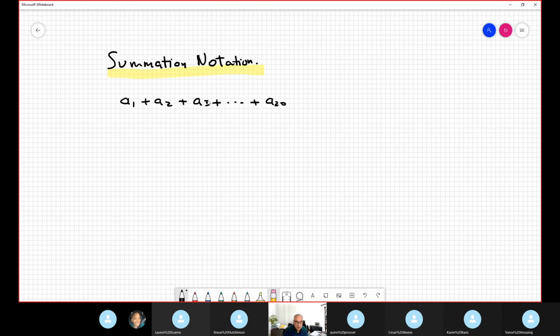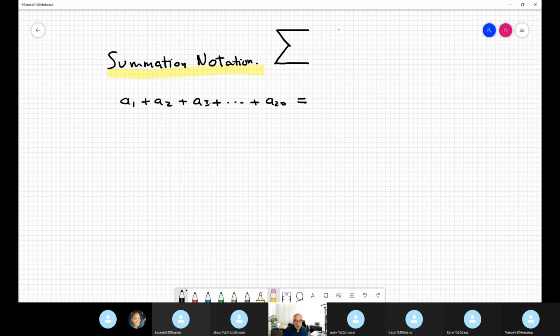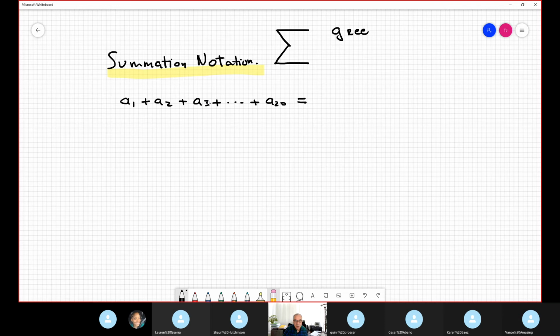When you write this, it gets repeated with the same part. So you can condense this information using summation notation. And summation notation uses that symbol. That symbol is a Greek letter, capital sigma. When you put capital sigma, you put the name of the element, A.